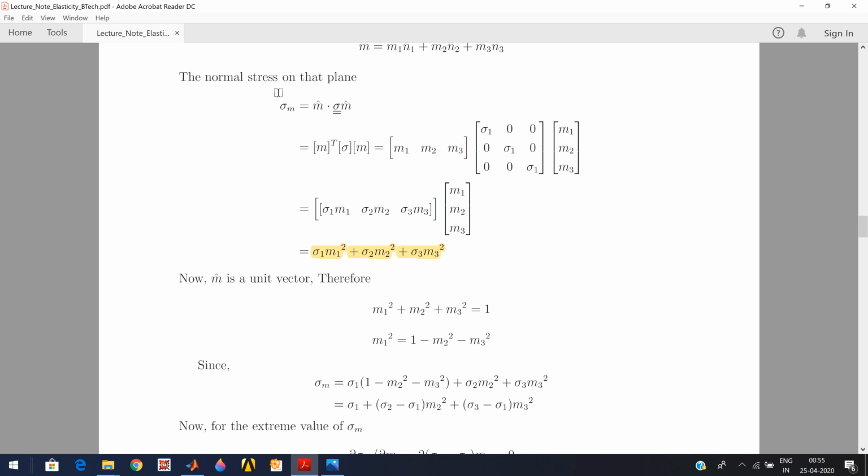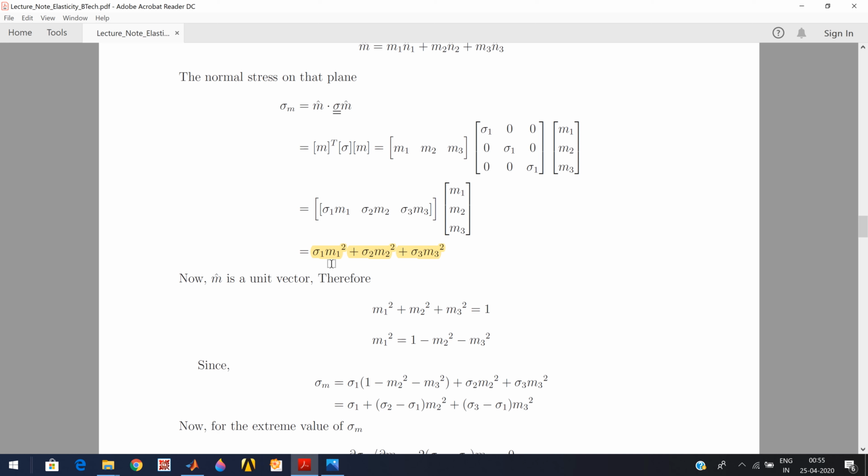So this is my normal stress component. And now you can see for a given sigma 1, sigma 2, sigma 3 state of stress, the normal stress component is a function of m1, m2, m3. So now we have to see which m1, m2, m3 will give you the sigma to be maximum.